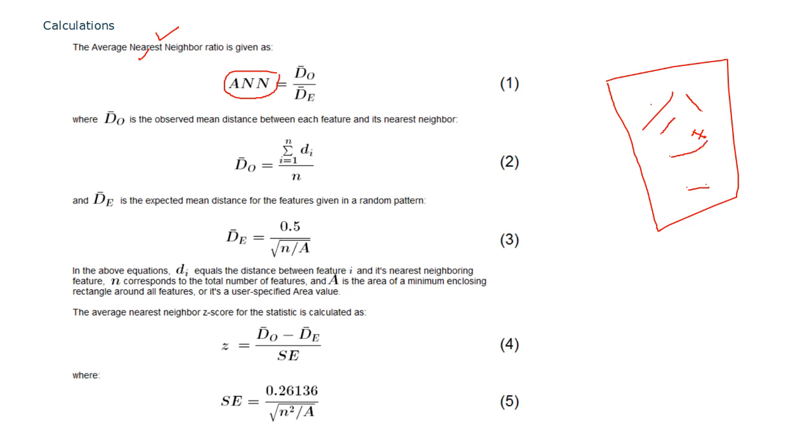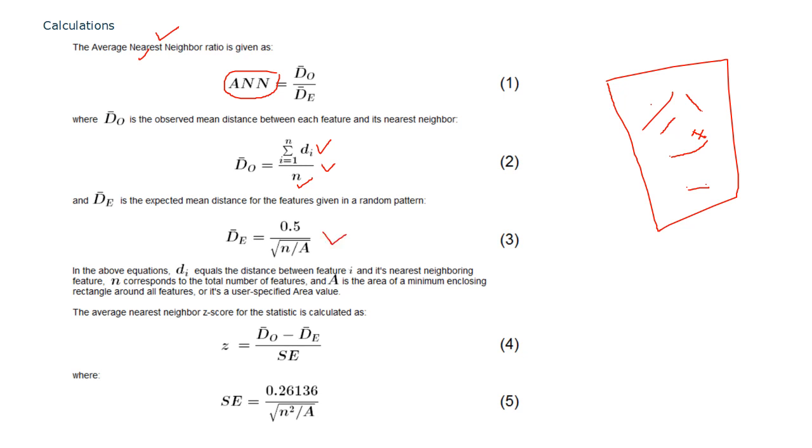So all the observed distances, the average of all the distances divided by the expected distances. So here this is for all the observed distances divided by the number of points. So that will be the observed distance.